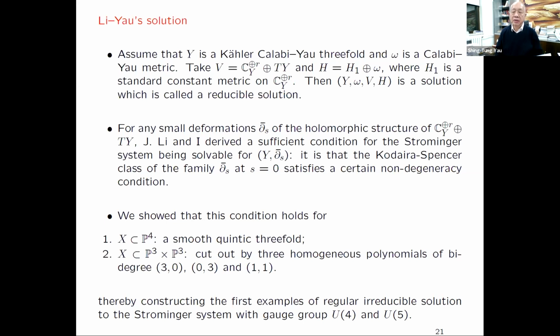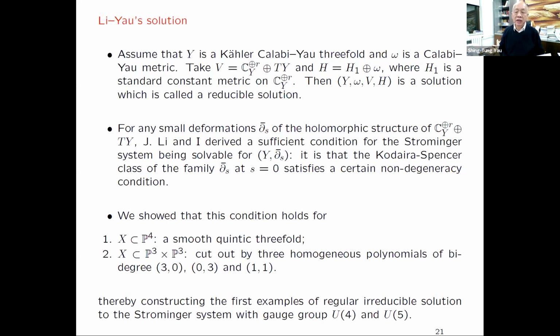And then there's a non-trivial bundle structure, which is no more a product of the tangent bundle plus trivial bundles. It is a trivial product in the sense of topology, but it is not trivial in the holomorphic sense. So we can do it, and we can find the condition for it to hold, and this can be written down as an algebraic condition on the cohomology class, on the deformation class.